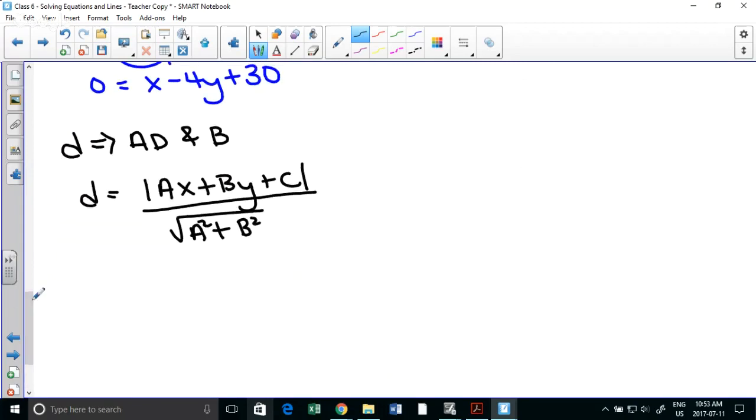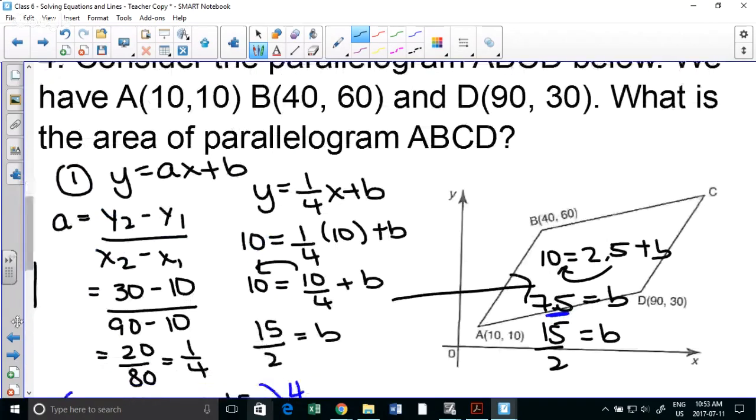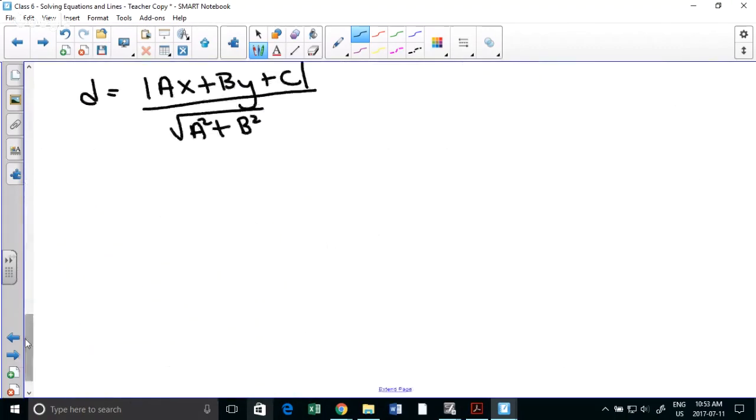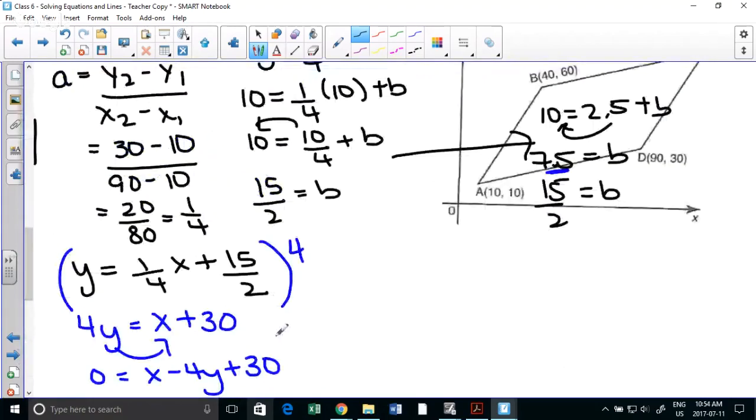So what I am doing now is I'm just going to be plugging in my values. So B has coordinates of 40, 60. So we're looking at 40, 60.